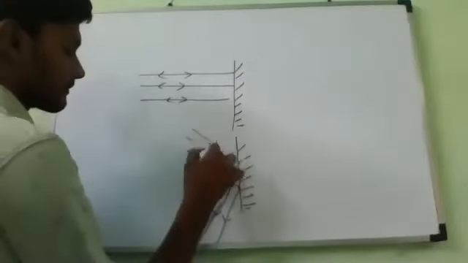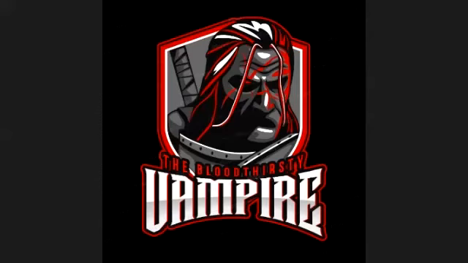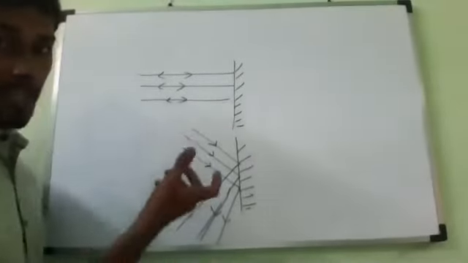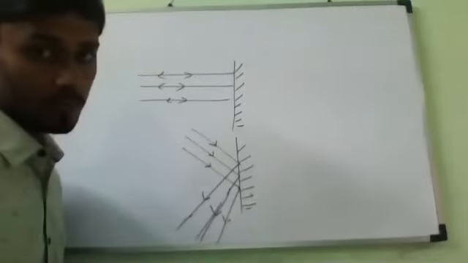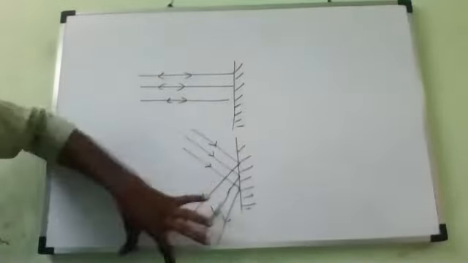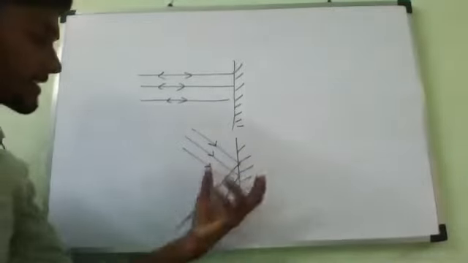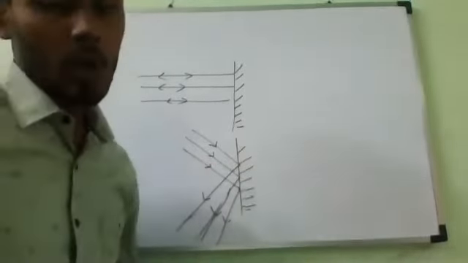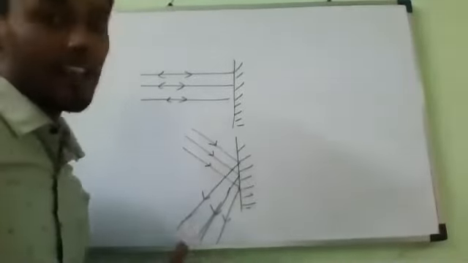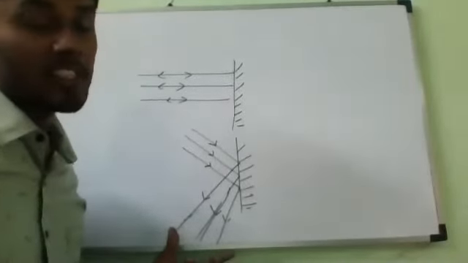Regular reflection, sir. Again, about the plane mirror: if we insert a parallel beam of light, the reflected light also will come as a parallel beam. So when a parallel beam of light rays falls on a plane mirror, it is reflected again as a parallel beam. A plane mirror changes only the direction of incident rays.